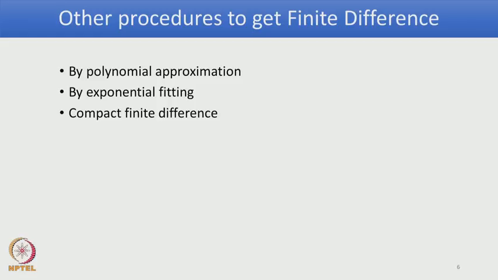As the name indicates, you are able to obtain higher order accuracy scheme by considering only a smaller number of points, and there is a procedure available to get this higher accuracy by considering only fewer points, and that is what is known as the compact finite difference scheme.